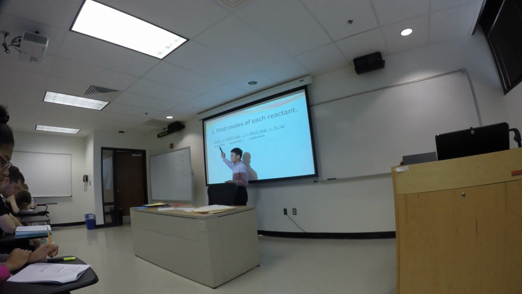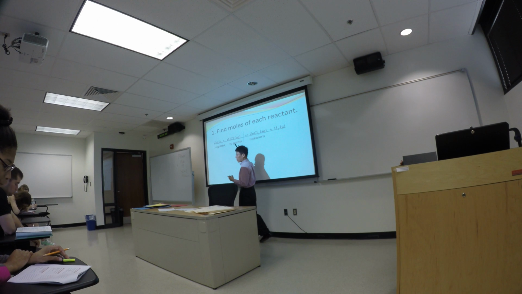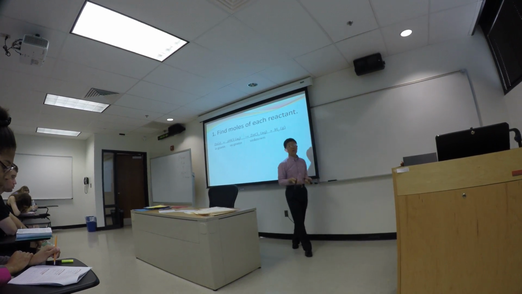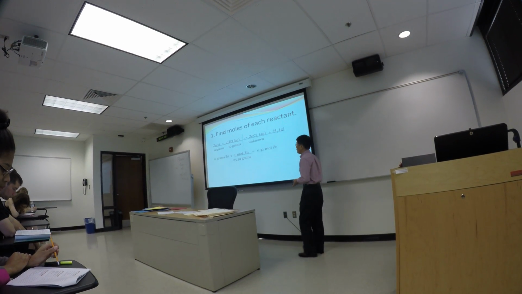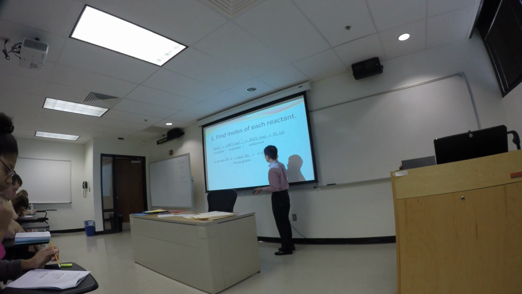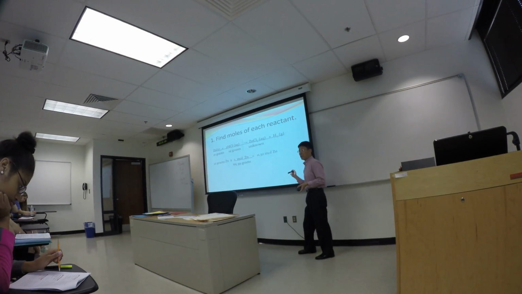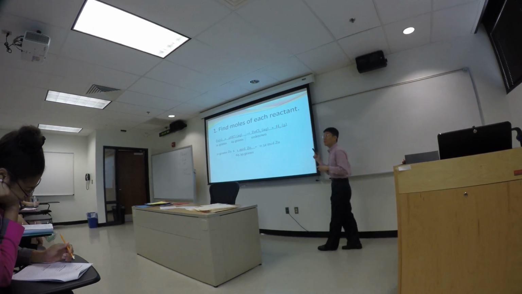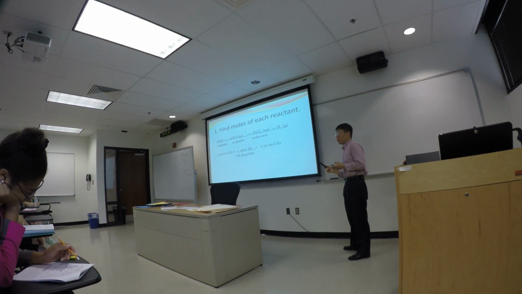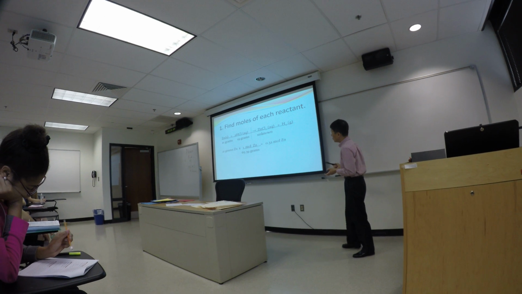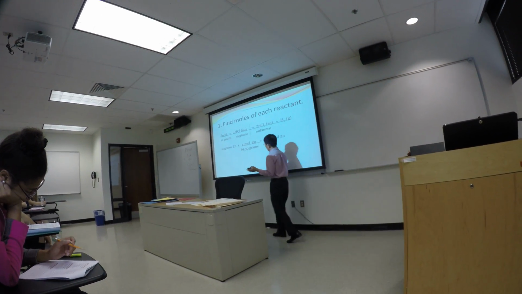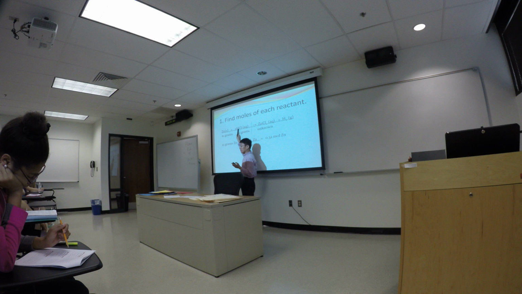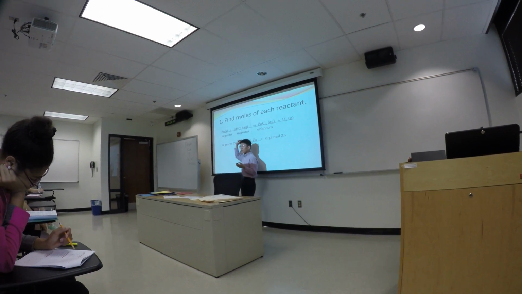We need to convert zinc to moles, 21 grams of zinc to moles. We need to convert HCl to moles. Now, 21 grams of zinc is equivalent to 0.32 mole of zinc, and that's something that we already did. Now, when you convert 19 grams of HCl to moles, there is a number in front of HCl in the balanced chemical reaction equation.